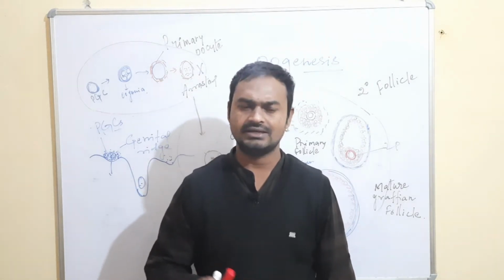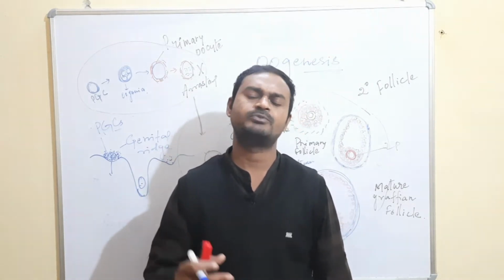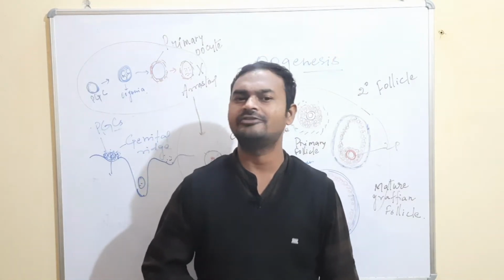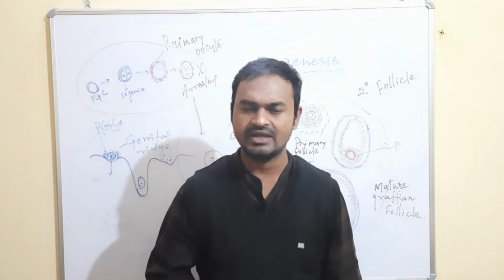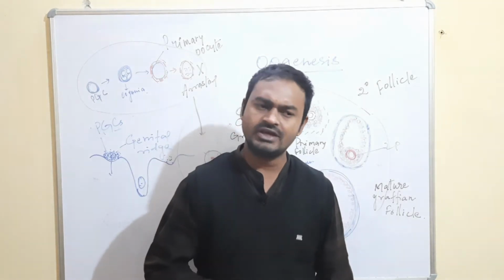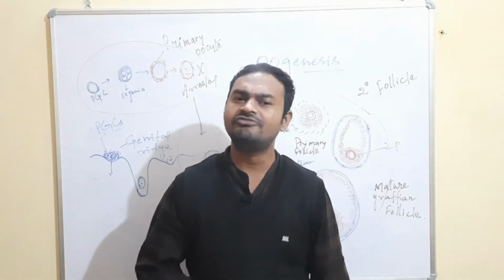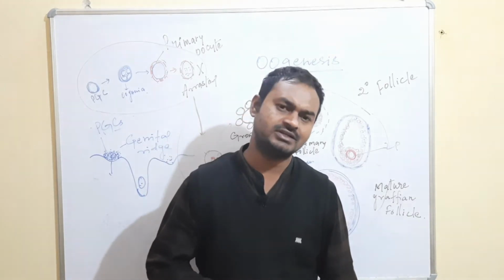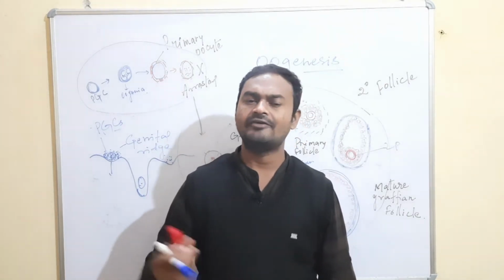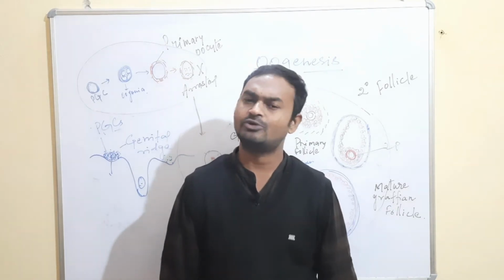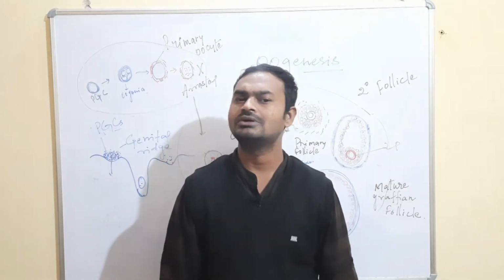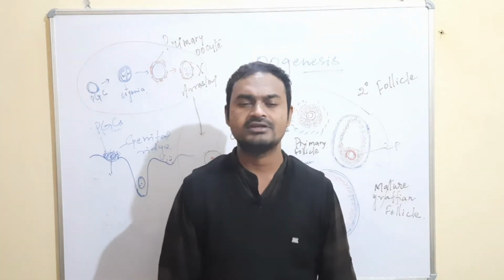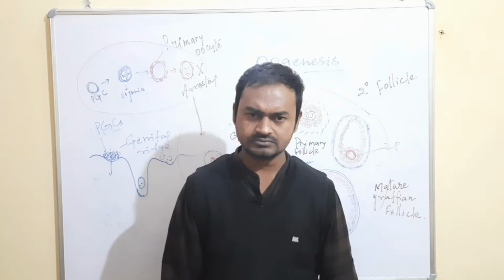In the previous lecture, spermatogenesis part 1, we discussed the journey of the formation of the progenital cells and also their fate. There are two fates of the progenital cells: they will turn into the sperm, or they will turn into the ovum.